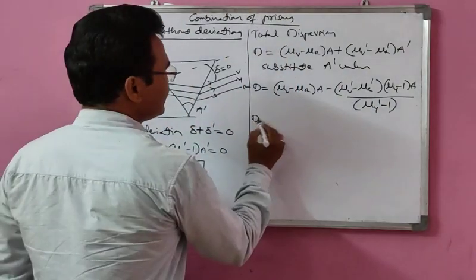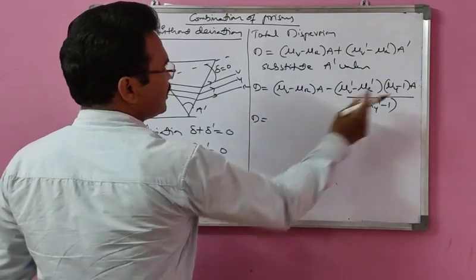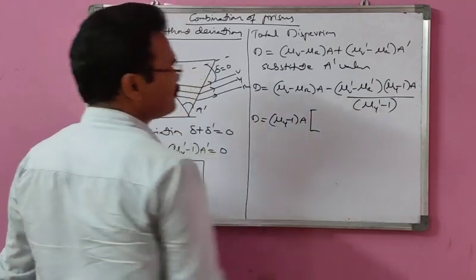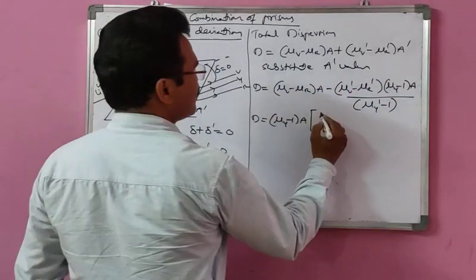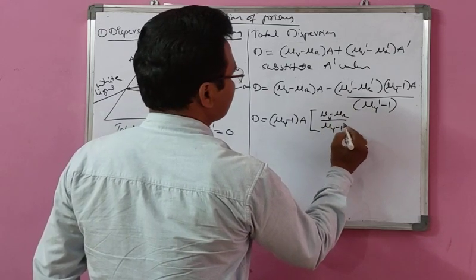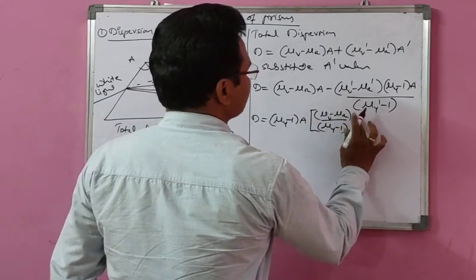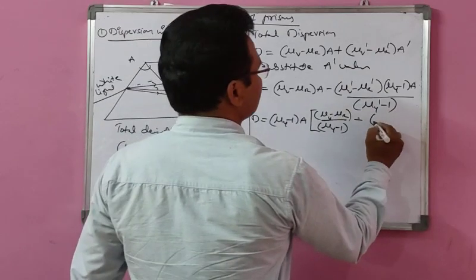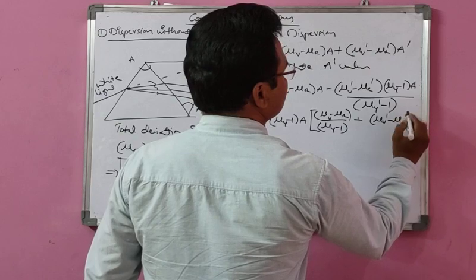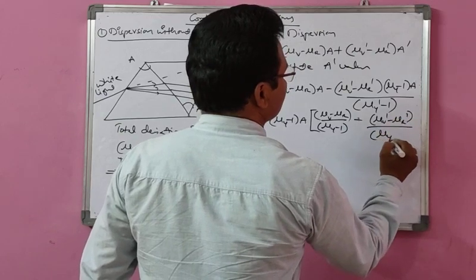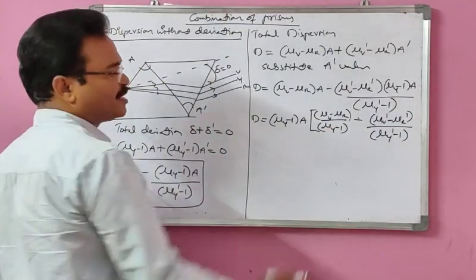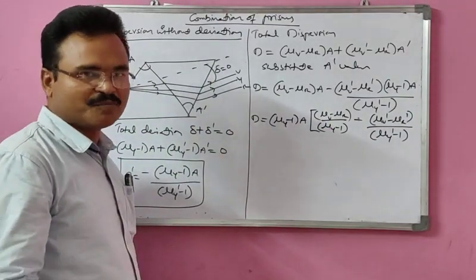Now I'm taking this term out, A also out. If I take out mu y minus 1 of A, I get mu v minus mu r by mu y minus 1, minus mu v dash minus mu r dash divided by mu y dash minus 1. You know this formula is the dispersive power.